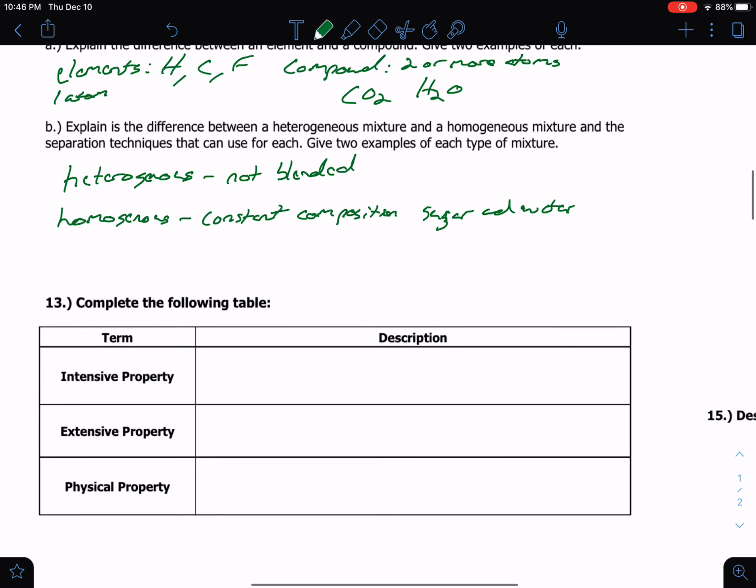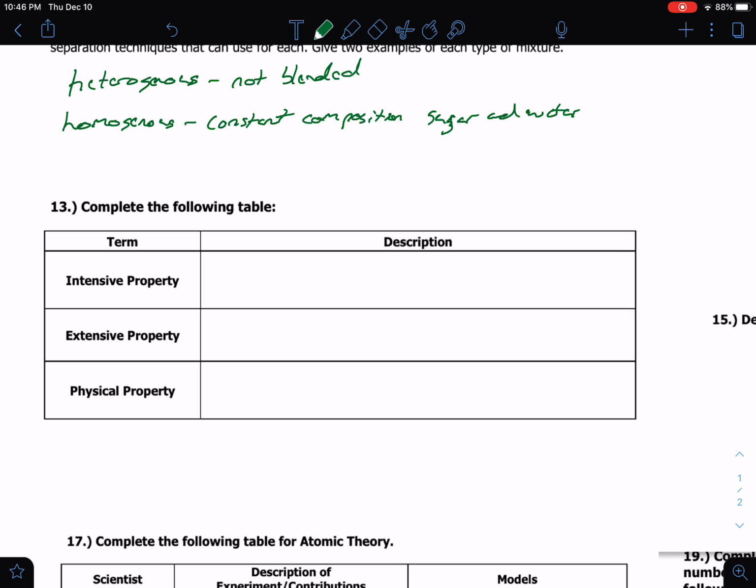So 13, we're going to move on to 13. Intensive properties and extensive properties. The main thing you need to know is that an intensive property does not depend on the amount of substance.